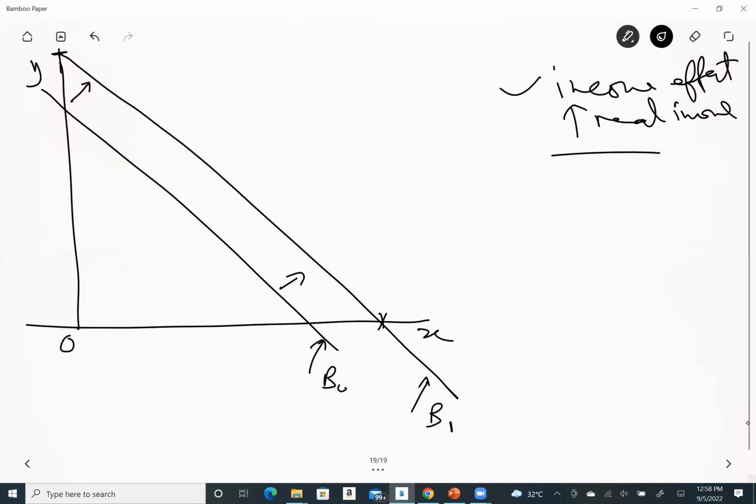But substitution effect, no. I PX over PY, no change. Remain the same. So you have only income effect. There will be no substitution effect. Okay, all right, good.